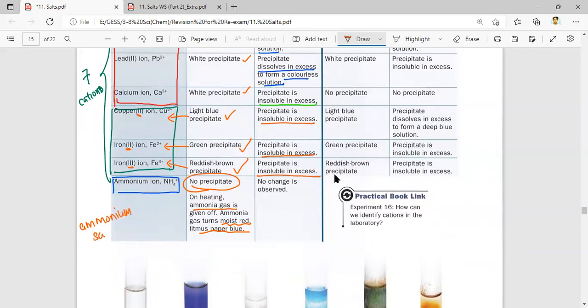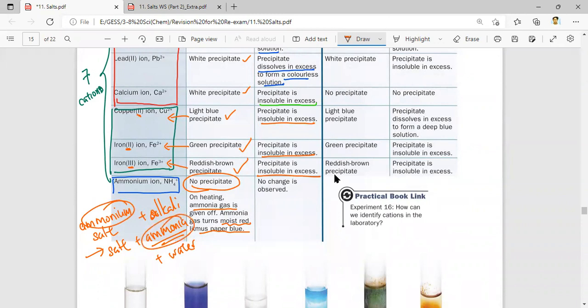Ammonium salt plus alkali gives you the salt plus ammonia gas plus water. So the ammonium cation, when it reacts with alkali, will give off ammonia gas.